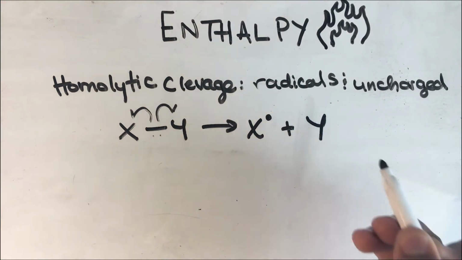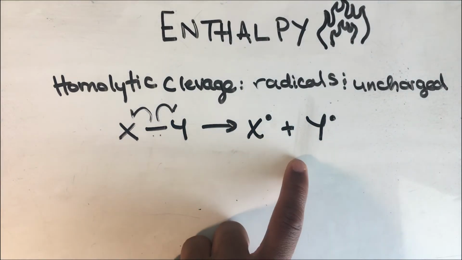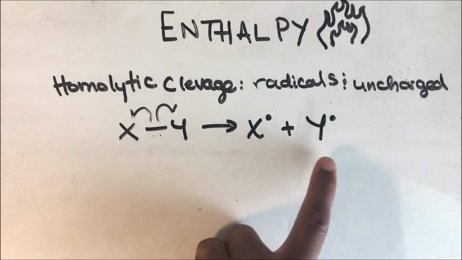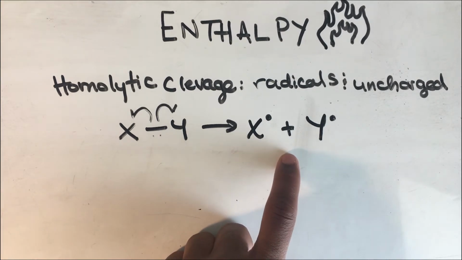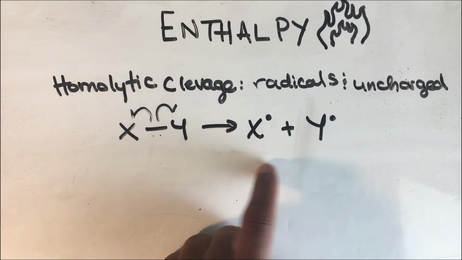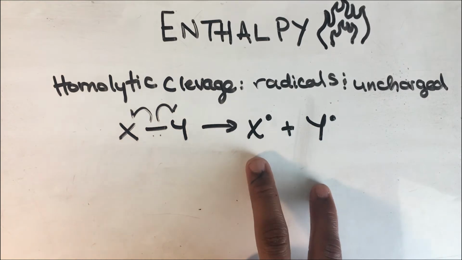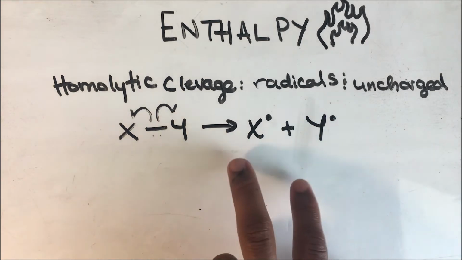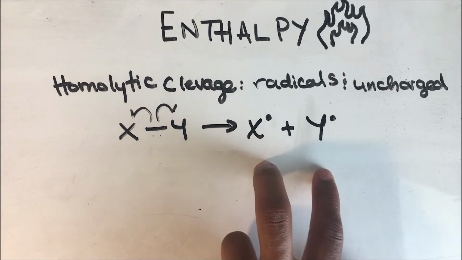So here we can draw X with one electron and Y with one electron. Because they are radicals, which means they have unpaired electrons, they're uncharged and they're a result of the homolytic cleavage and sharing those electrons. So they both get their own, and there's not really going to be any type of charge because they each got one electron, making it a radical.